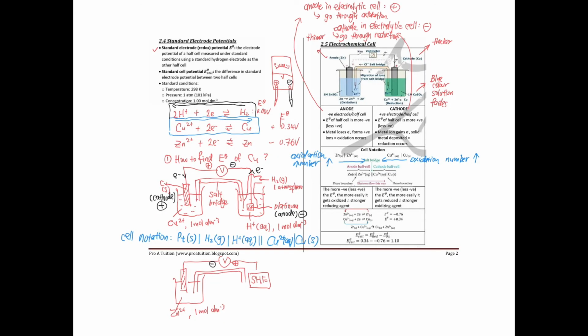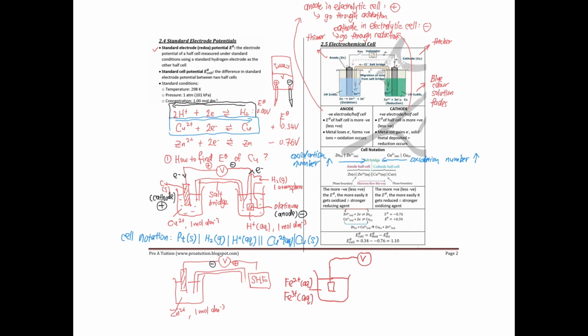Okay, now I give one more example on how to write cell notation if we have something like this, where I purposely use Fe2+ and Fe3+.